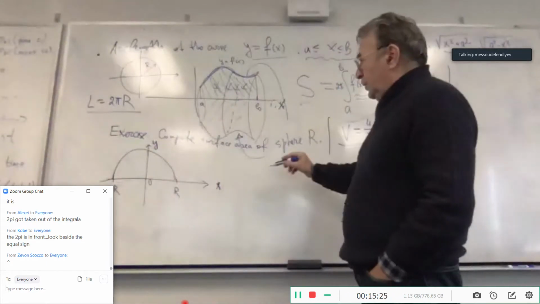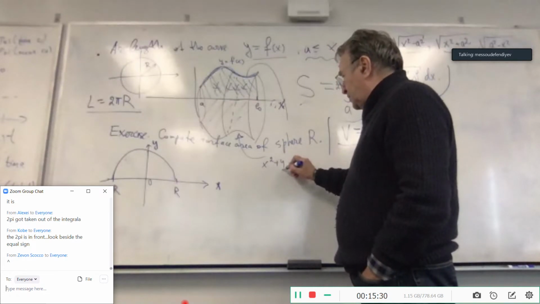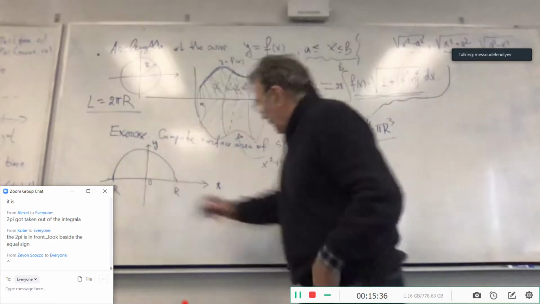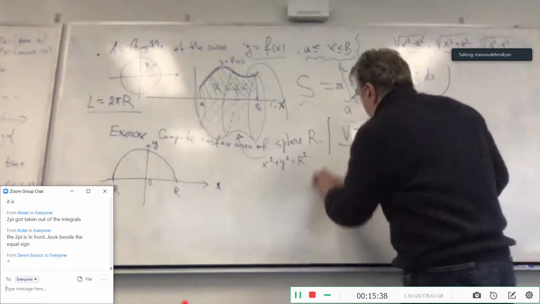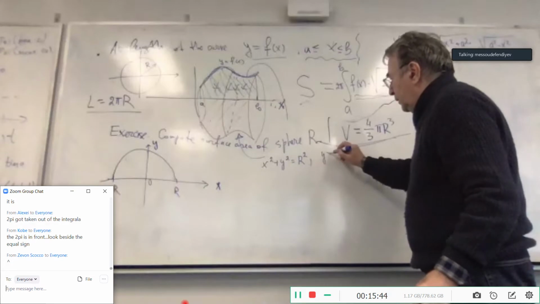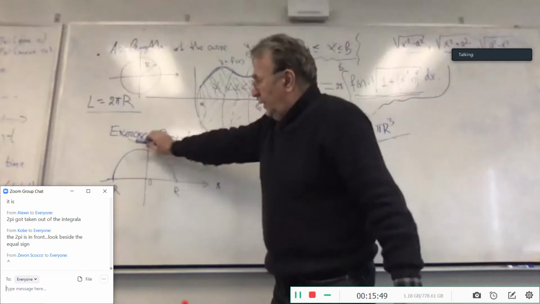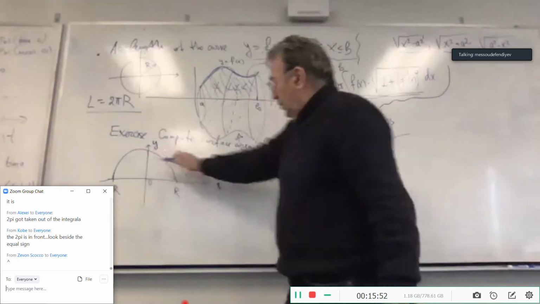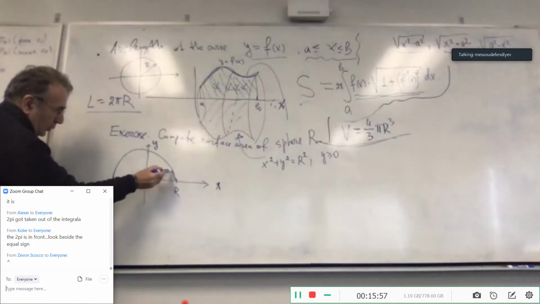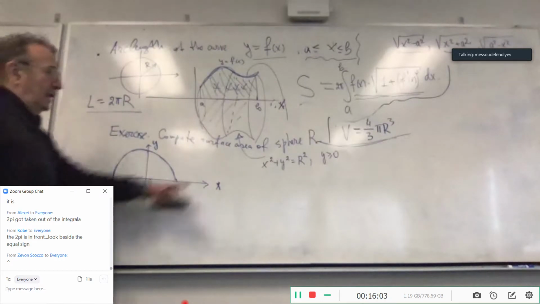This curve can be written, as you know, as x squared plus y squared equals r squared. If we would like to consider only the semicircle, we consider y greater than or equal to 0, which means we are considering only the upper plane. So this curve can be written like this.